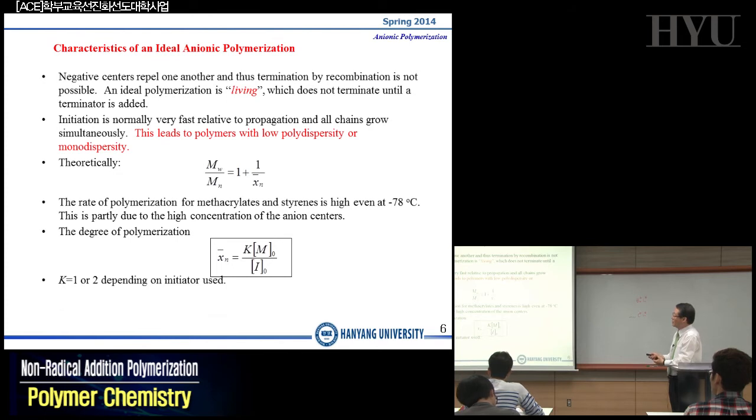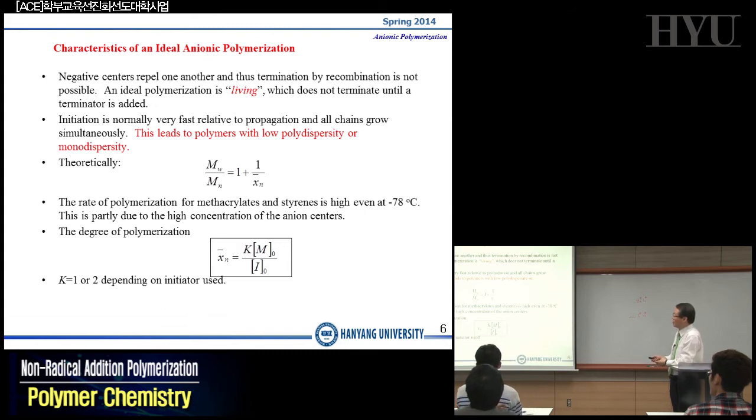Theoretically, Mw divided by Mn is 1 plus 1 over Xn. If Xn is large, then this term will be 0, so Mw divided by Mn is about 1, which means that you have a monodisperse polymer.